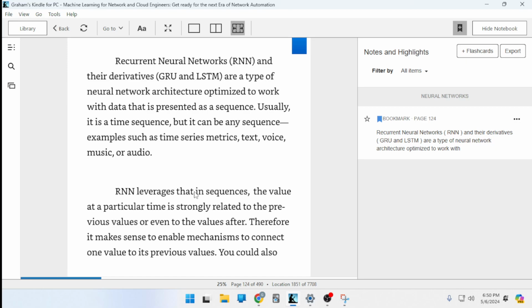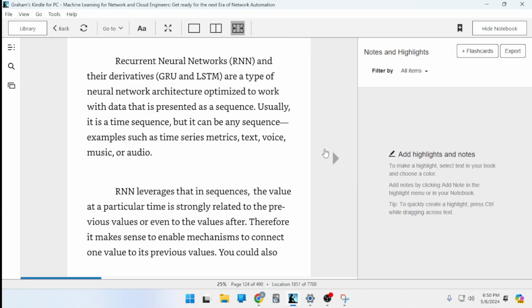leverages that in sequences. The value at a particular time is strongly related to the previous values or even to the values after. Therefore, it makes sense to enable mechanisms to connect one value to its previous values.